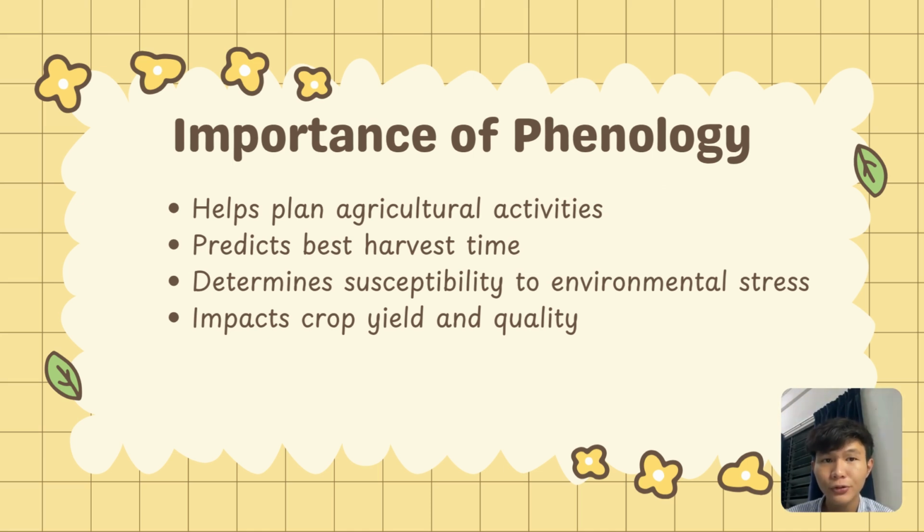It is also used to schedule irrigation and fertilization. And the last but not least, it helps us in managing pests and disease, as some are active only during certain plant stages. In a bigger context, phenology is also used to study climate change because changes in plant timing often reflect environmental shifts.